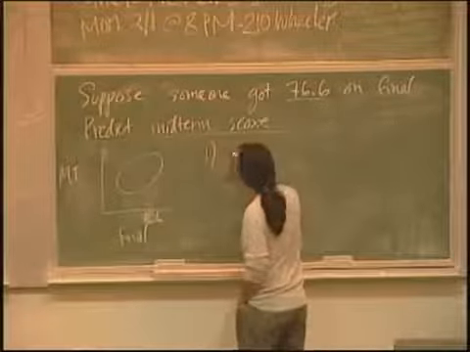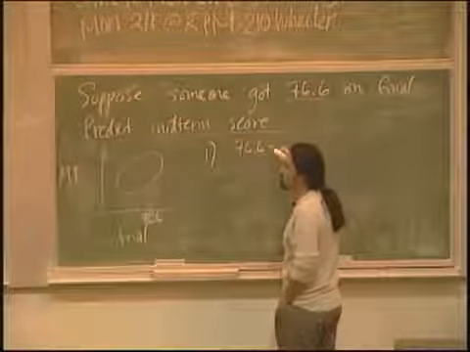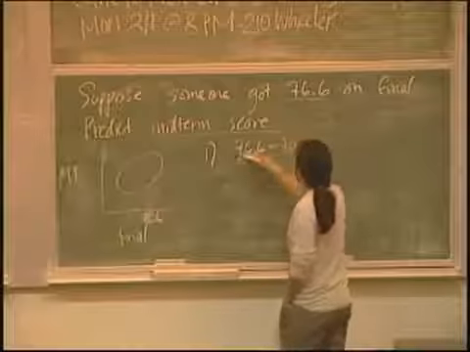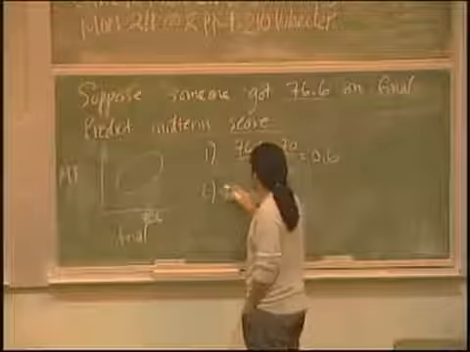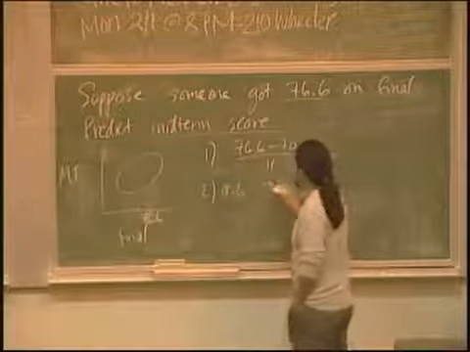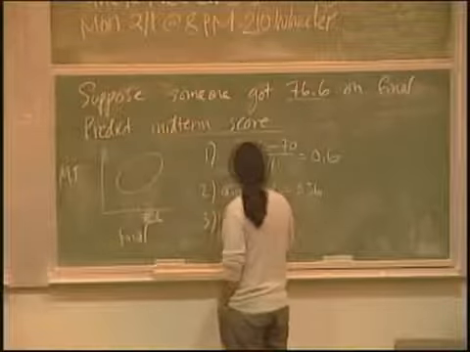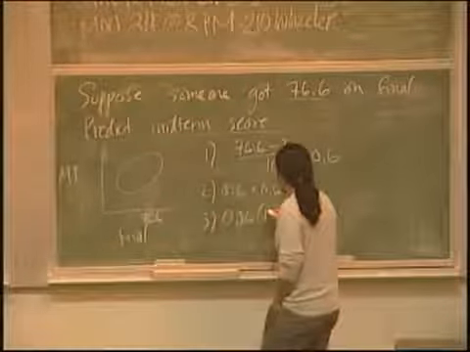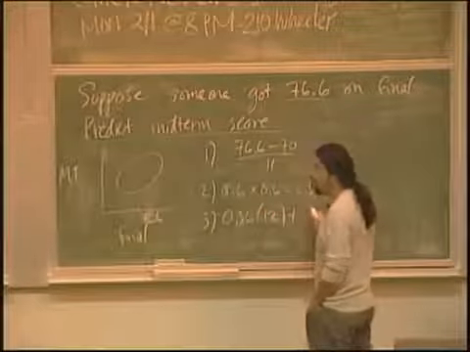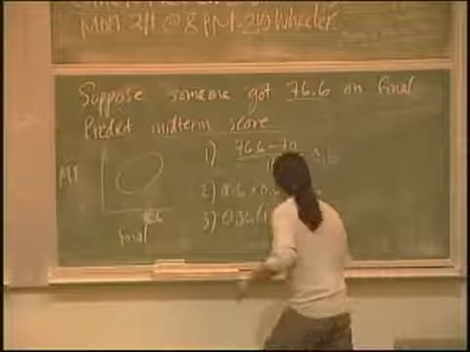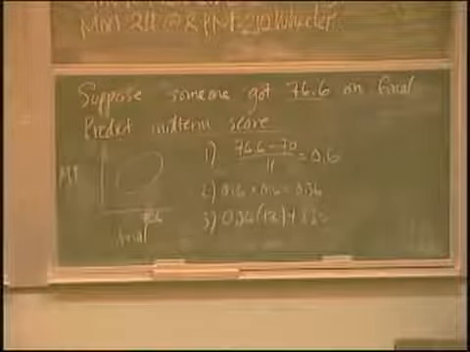So first step, converting to standard units. I'll write down the math, but kind of know the answer here. 76.6 minus 70 over 11 is 0.6. And then we multiply that by 0.6 to get 0.36. And now 0.36 times the SD for midterm scores plus 83. Find that. Did I do that wrong?